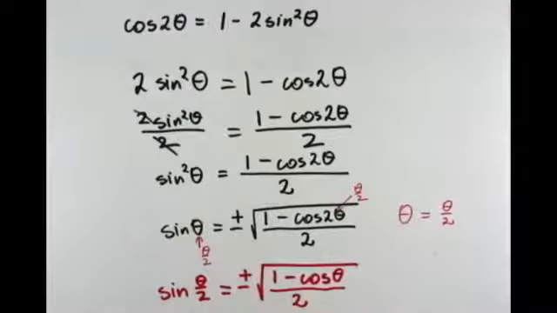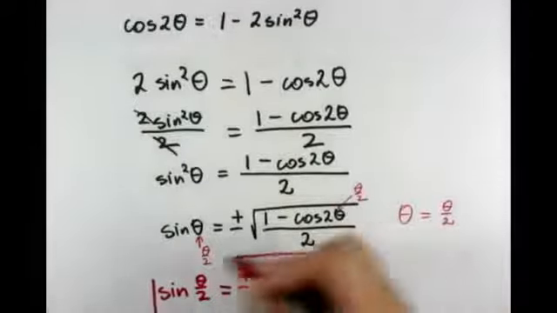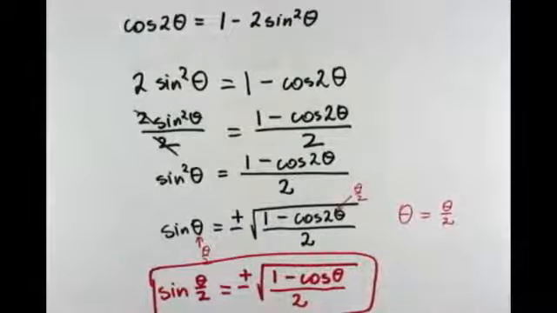And that's the half angle formula. And plus or minus we choose depends on the quadrant where your half theta is.